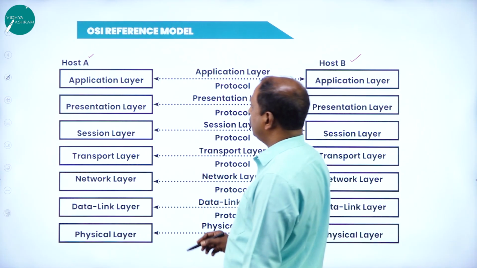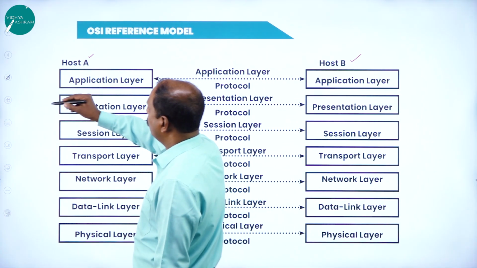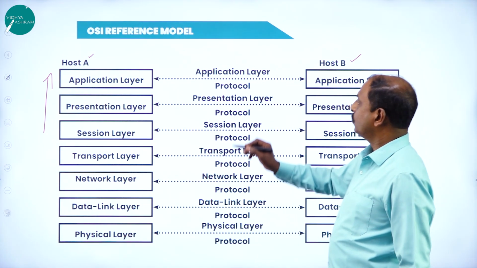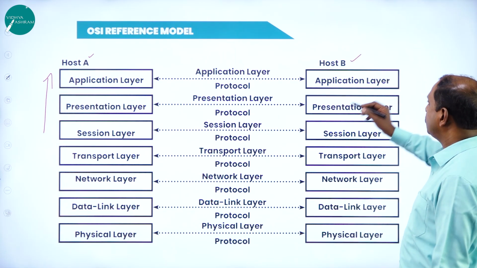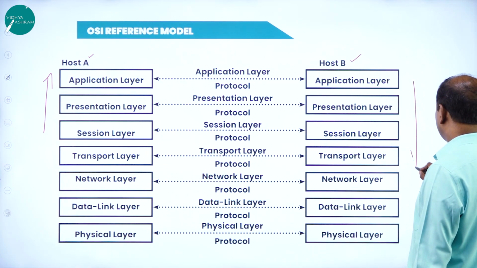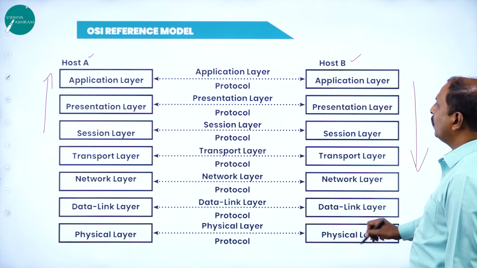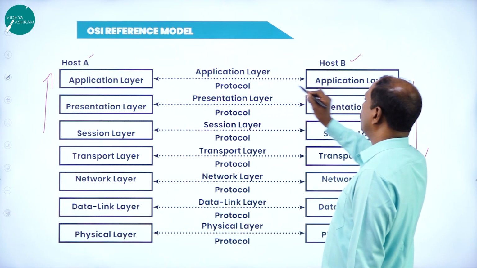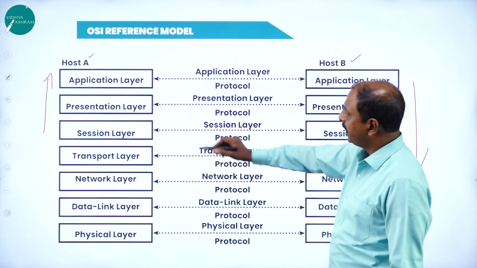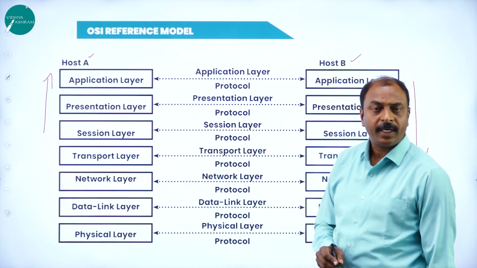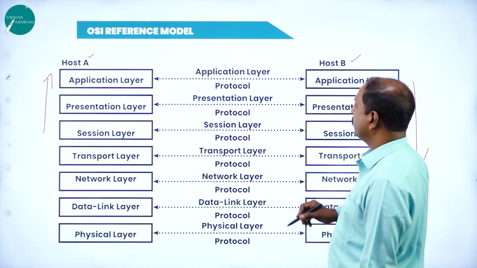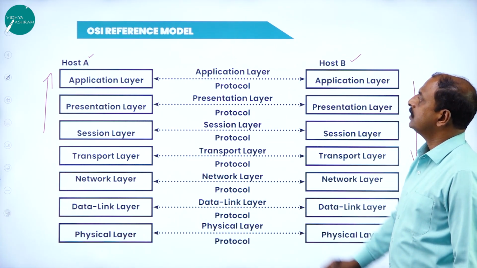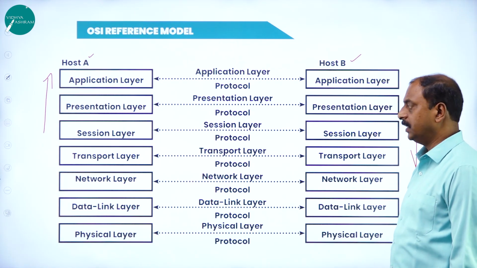In this model, the data will transmit from application layer to physical layer, and through the cable or medium, it reaches a destination, or from physical layer to application layer. These 7 layers will be having different applications, and all these layers will work with different protocols for different layers. So this is a 7-layer OSI reference model.